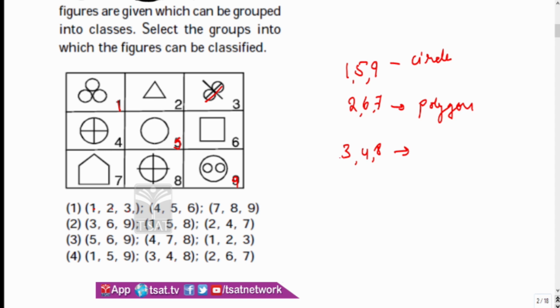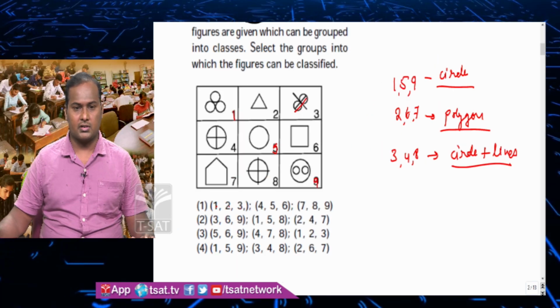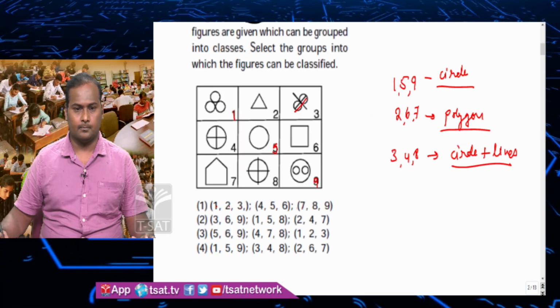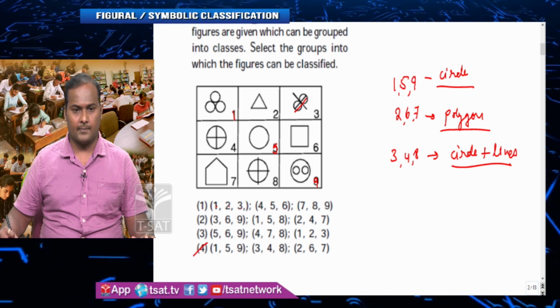So the character in 3, 4 and 8 is circle plus lines. The student needs to recognize whether circles are given, or polygons, or circles and lines both. Based upon this, option 4 is the answer.